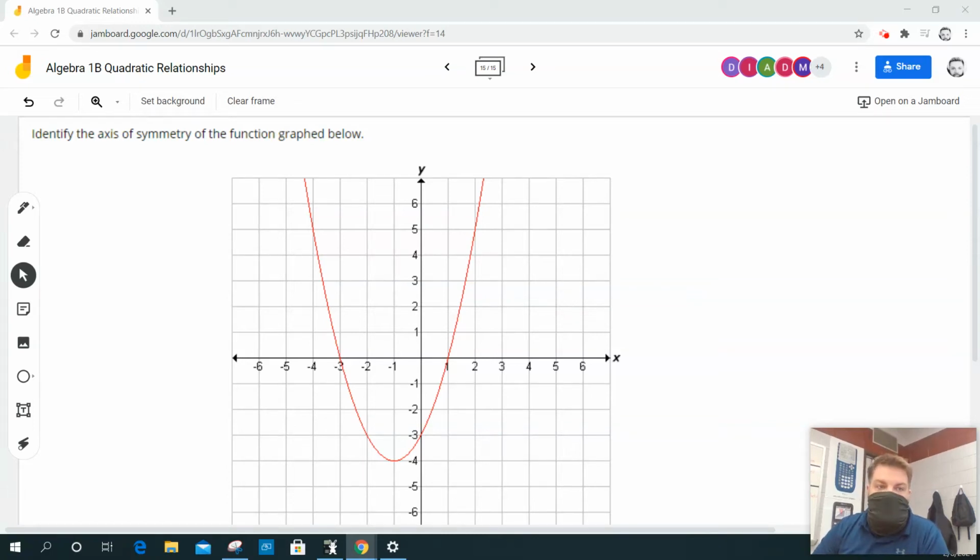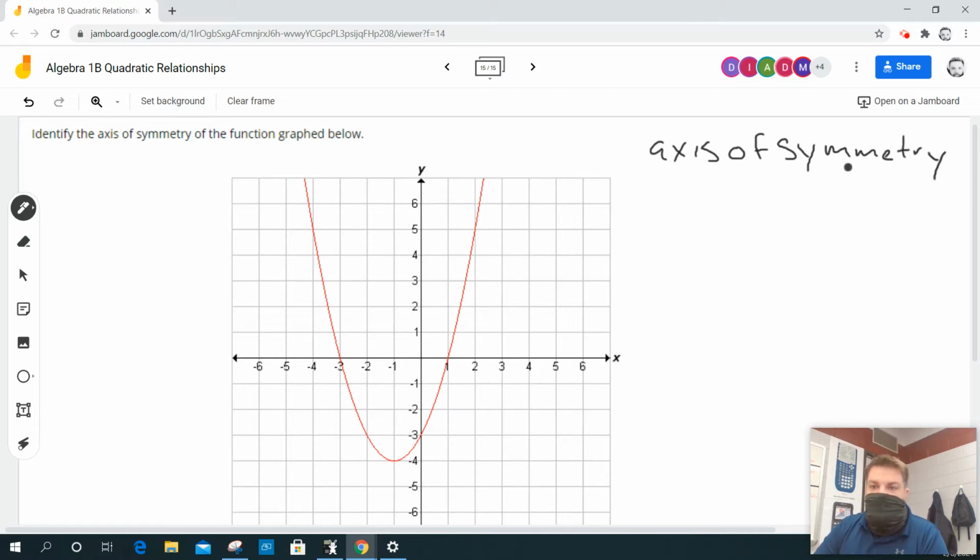So the axis of symmetry, as I mentioned on Friday, is like a mirror. It's a mirror image. It divides the graph in half.